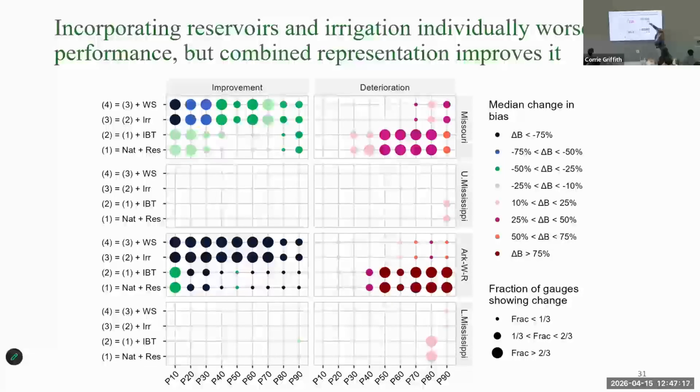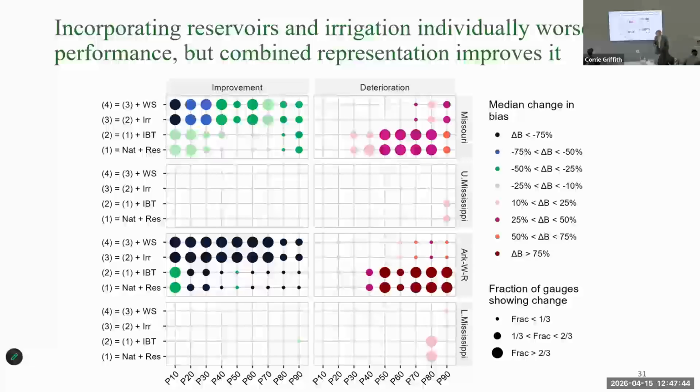So now if we add reservoirs and then we add interbasin transfer, not much. We have improvement with high flow. But for low flow, if we just add reservoirs, the results are even worse.